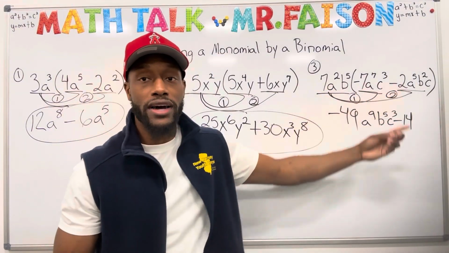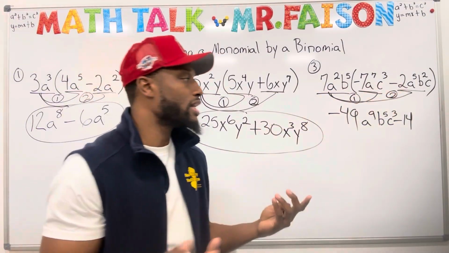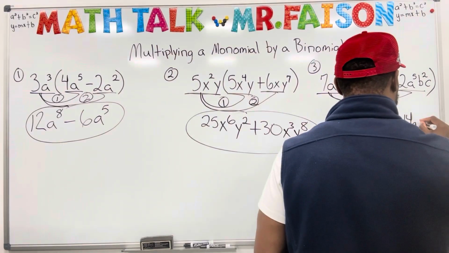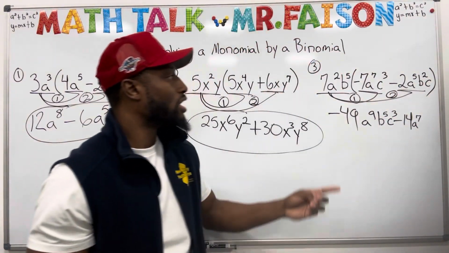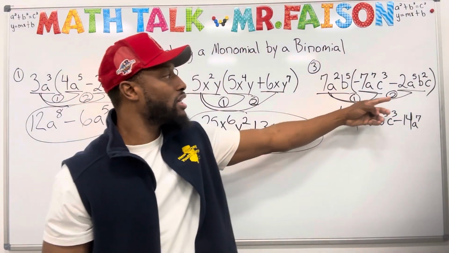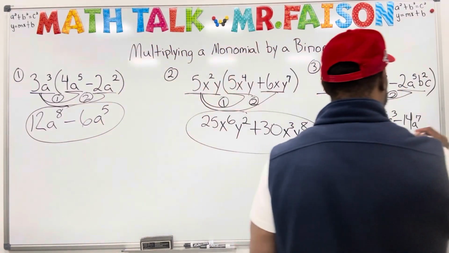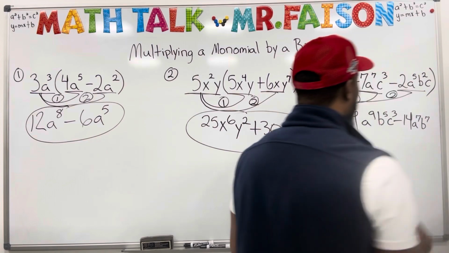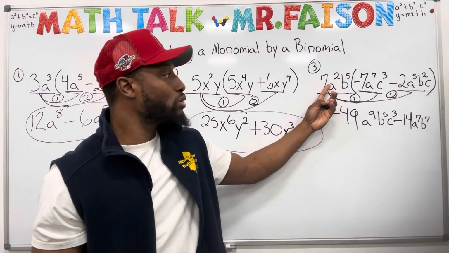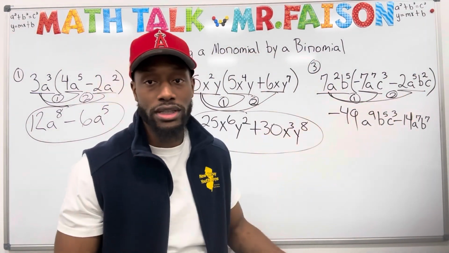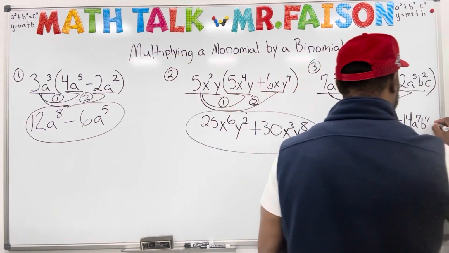If I look over there, I got 5 a's. I add them together, that's a to the 7th. If I look here, I have 5 b's. If I look there, I have 2 b's. Add those up, b to the 7th. If I look there, I have no c's. If I look over there, I have 1 c. So that's all it is, 1 c.